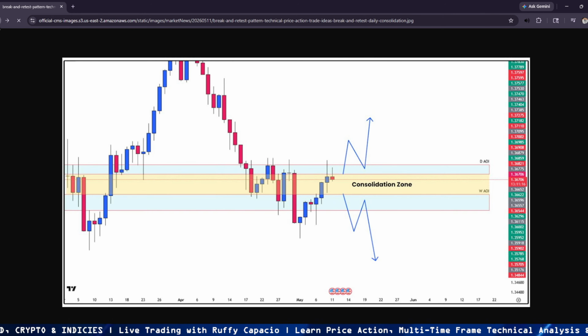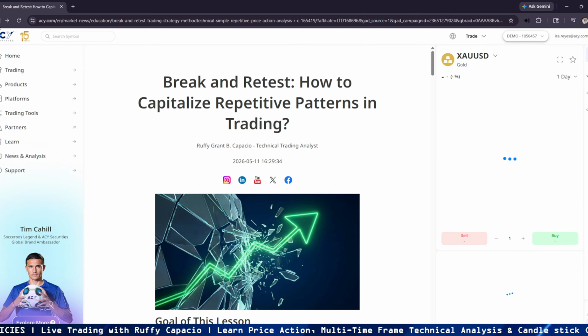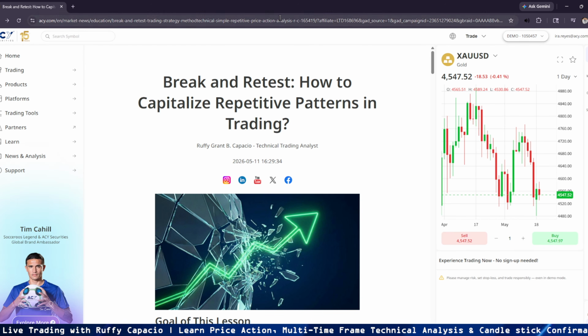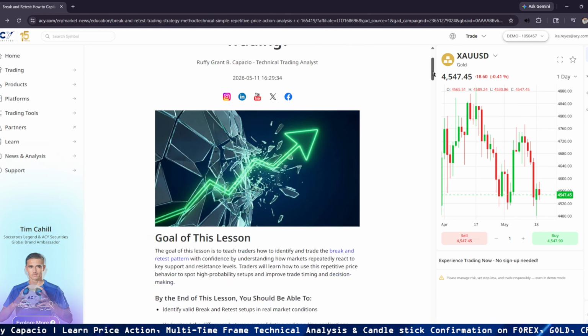That is how you anticipate the move. That is why all of the patient, disciplined traders are catching the most higher probability setups, because they are very patient.